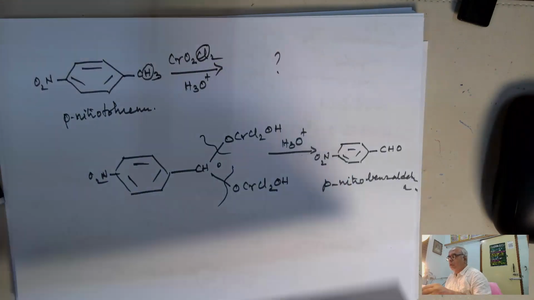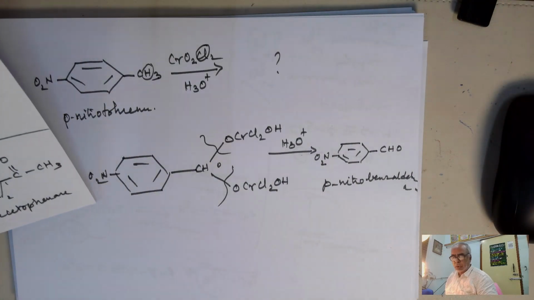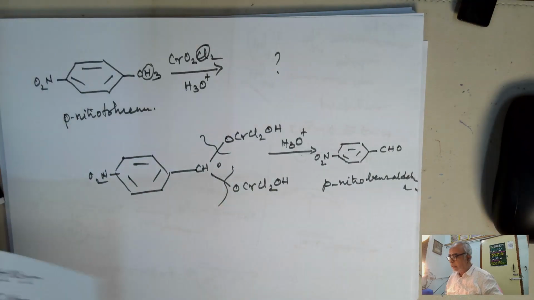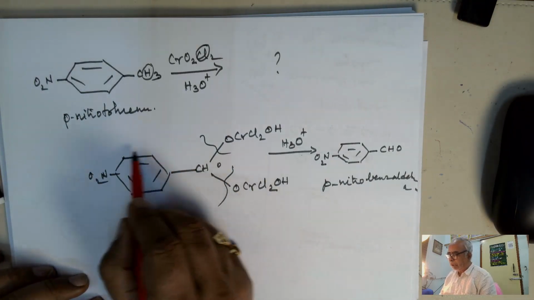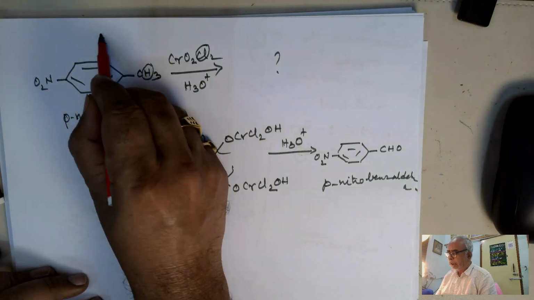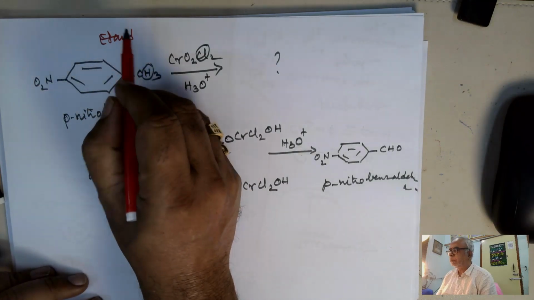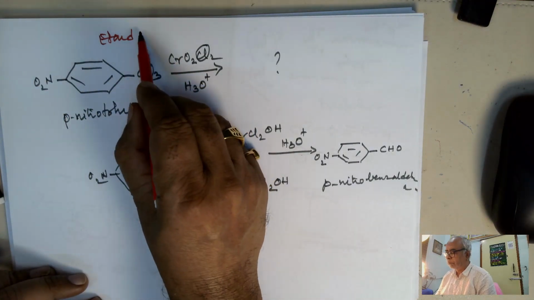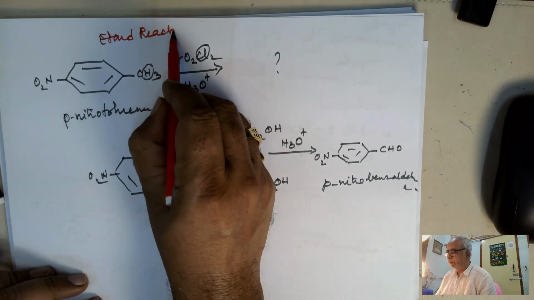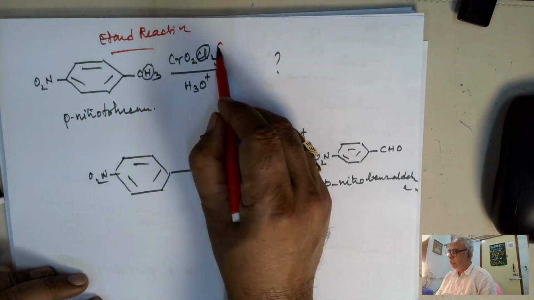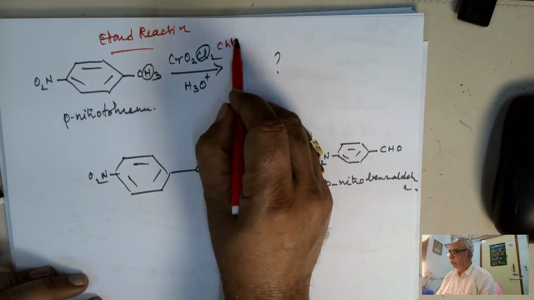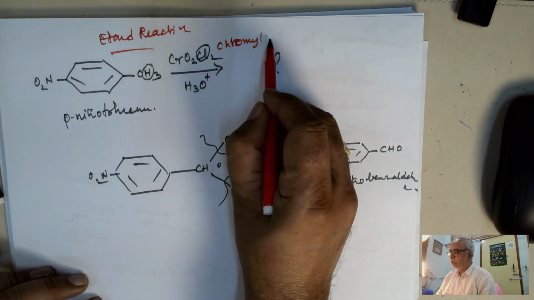And this chromyl chloride we used, and that reaction is a specific reaction, a named reaction called the Etard reaction. And what do you call this one? This is known as chromyl chloride.